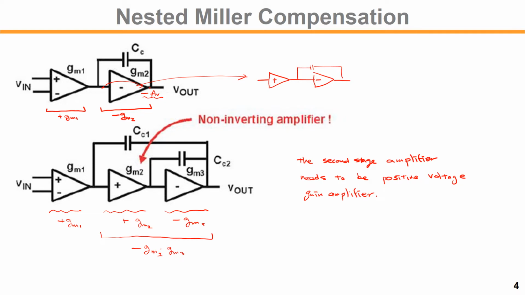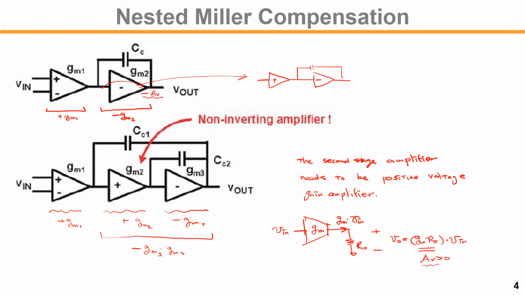Typically for the GM we draw it in this symbol. If you take any load RO here, for the input variation V-in, the output current is proportional to the input variation. So V-out equals GM times RO times V-in. So this is positive GM, a positive gain.